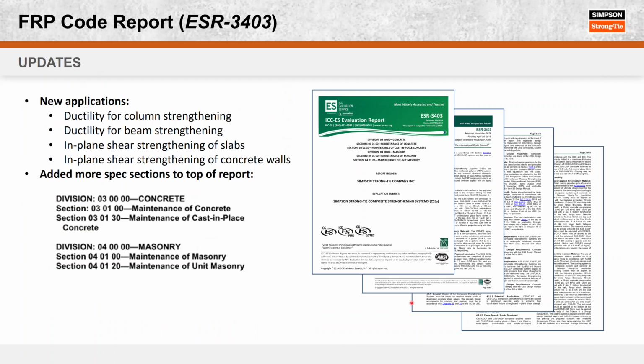But with a code report, they limit what you can design your FRP for. Even though we have equations in ACI 440 for all different types of applications, the code report says, for instance, if you want to do in-plane shear strengthening of a slab, then you're not allowed to apply that on a job in the real world unless you have testing on that in your code report.